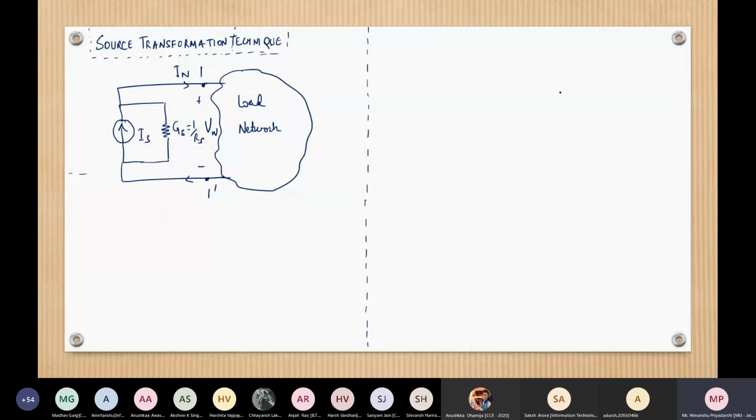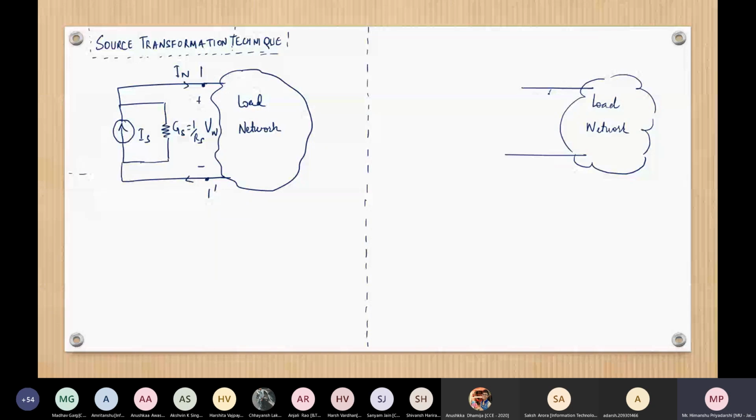Now if I want to look at the same load network, and the voltage should also be same, and the current should also be same, but I want to represent this part as a voltage source.